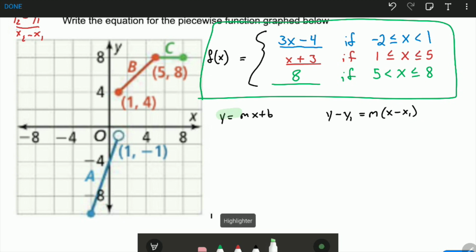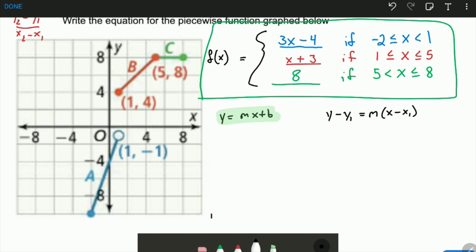I'm going to choose to use y equals mx plus b if for no other reason than the fact that it's a lot easier for people to remember. People have an easier time remembering that version of the equation. So if I go ahead and use this, we're going to find slope, same as it was before.